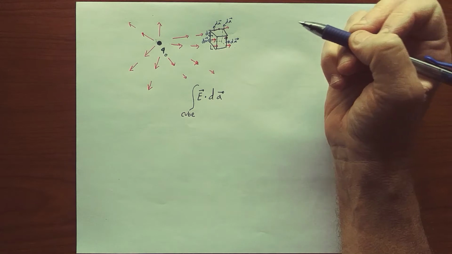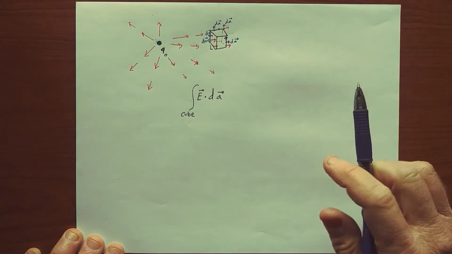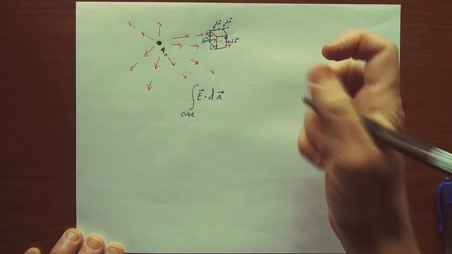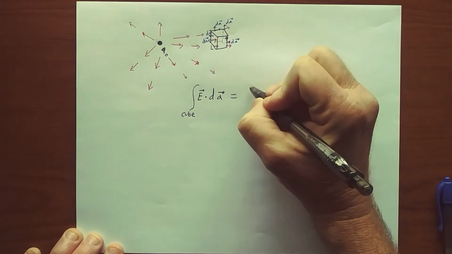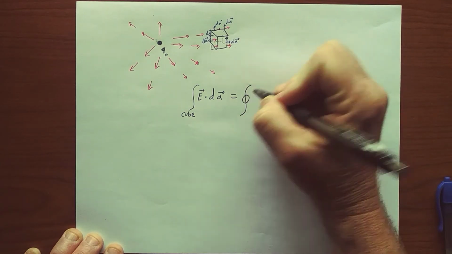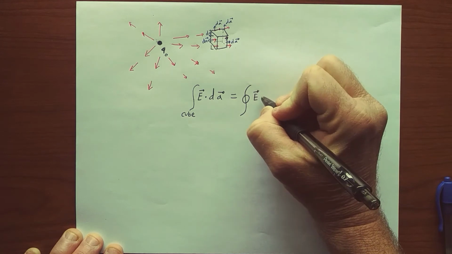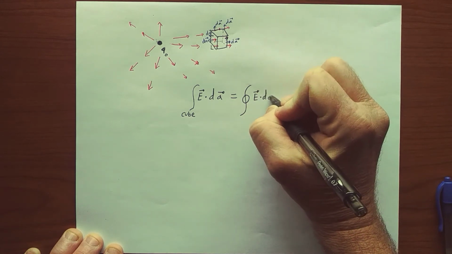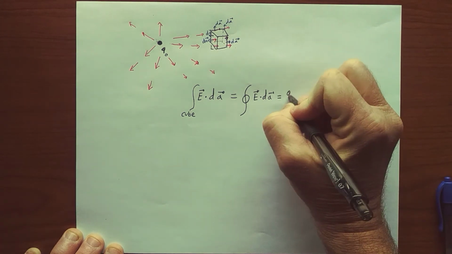And so it looks like a pretty complicated calculation. But of course Gauss's law comes to the rescue here, because finding the electric flux through the cube is equivalent to finding the electric flux through a closed surface, and therefore Gauss's law applies.